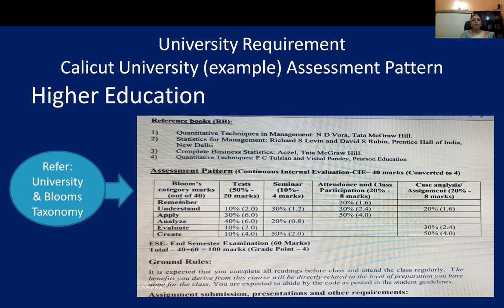CIE has 4 grade points or 40 marks, and each of these assessment techniques is integrated with Bloom's taxonomy. The next slide explains how this is integrated to design continuous formative assessment.